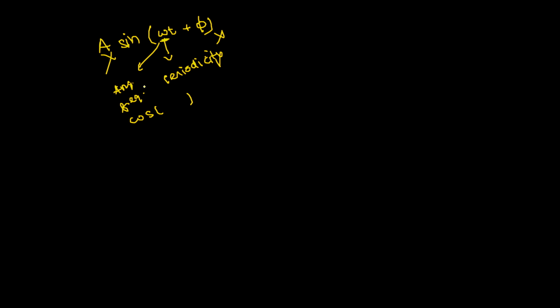So let's see how we can find the periodicity of a trigonometric function. So let's say we have 2 cos of 3t plus pi by 4. So now, what was the condition for periodicity? Upon replacing t with t plus T, I should get the original equation back.